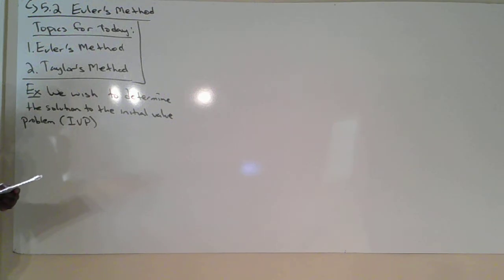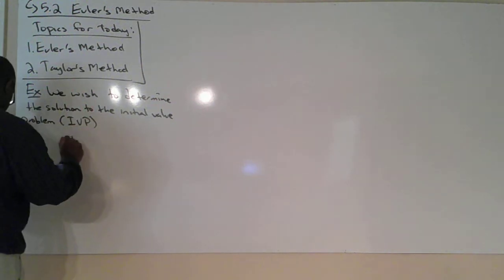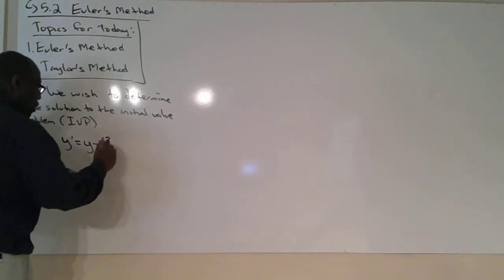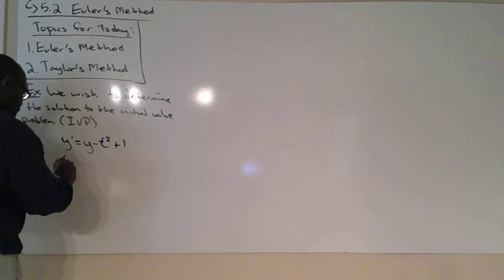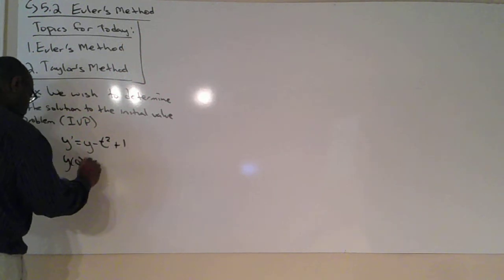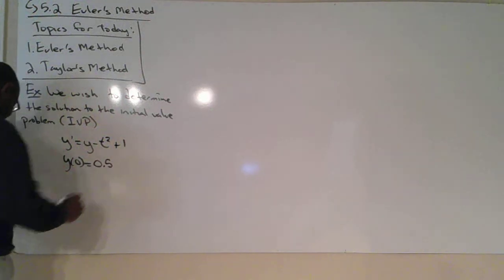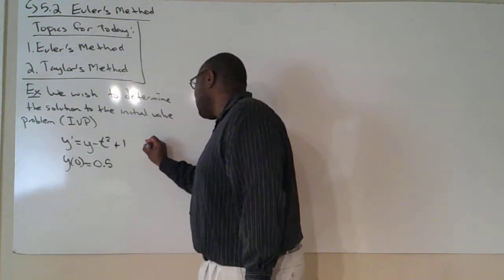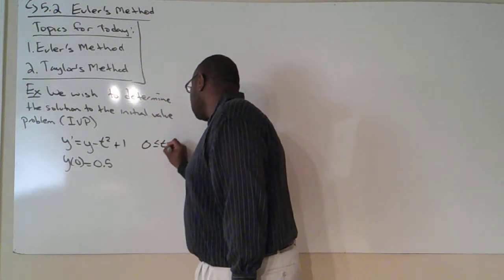For an initial value problem, we have some initial condition that we usually tack onto it, where we have y prime equals y minus t squared plus 1, with y of 0 equal to 0.5. Let's just suppose we're interested in the interval from t equals 0 to t equals 2.